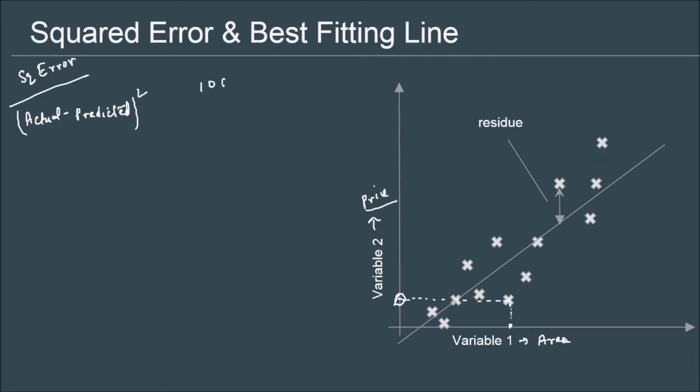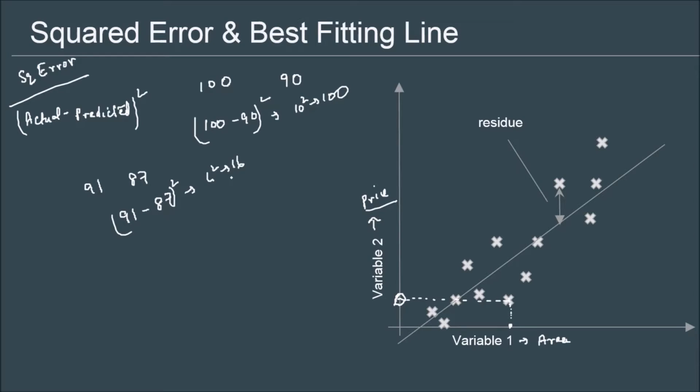So if the price of a house is 100 and I predict it will be 90, then the squared error will be 100 minus 90 squared, which is 10 squared, which is nothing but 100. Okay, so if I predict a house price to be, let's say, 87, and it turns out the original price was 91, then the squared error will be 91 minus 87 squared, 4 squared, which is 16.